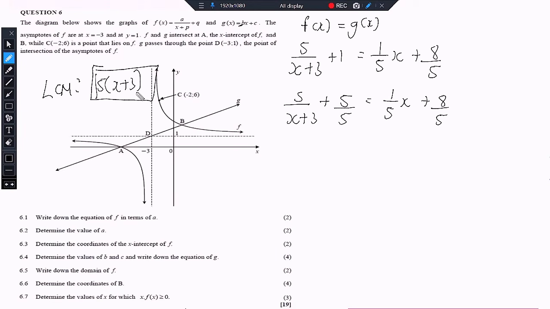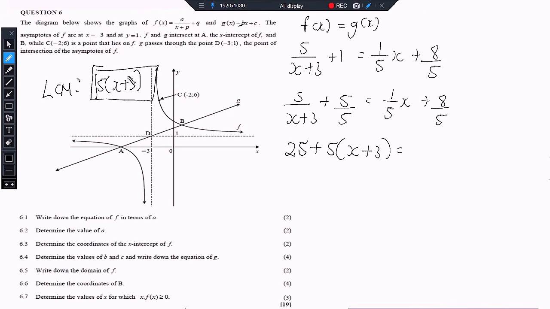So if we take the LCM divided by the denominator here, the x plus 3 and the x plus 3 will cancel out. We are left with the 5. The 5 must multiply with the 5 there, which becomes 25. And then for this one, if we divide by that 5, the 5 and the 5 will divide out, but we'll be left with the x plus 3. So the x plus 3 must multiply with the numerator here. So this becomes x plus 3, right?